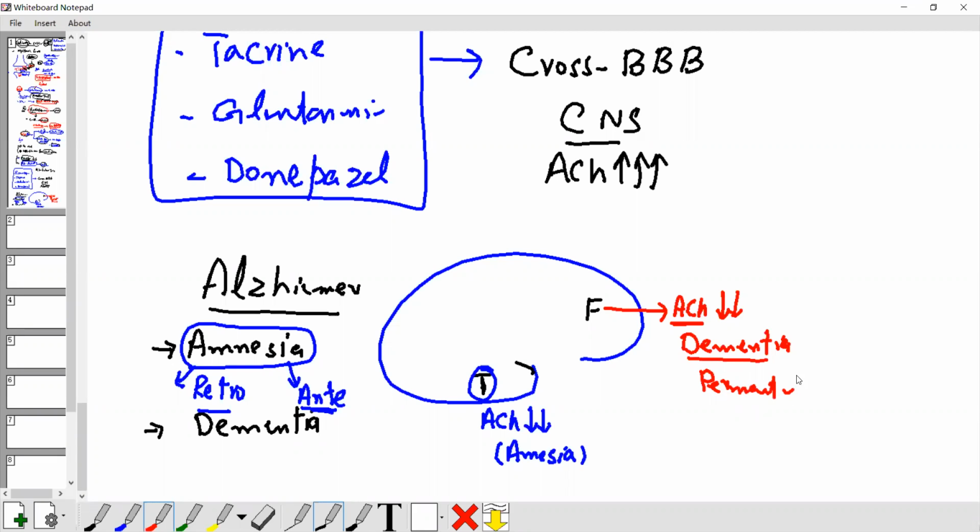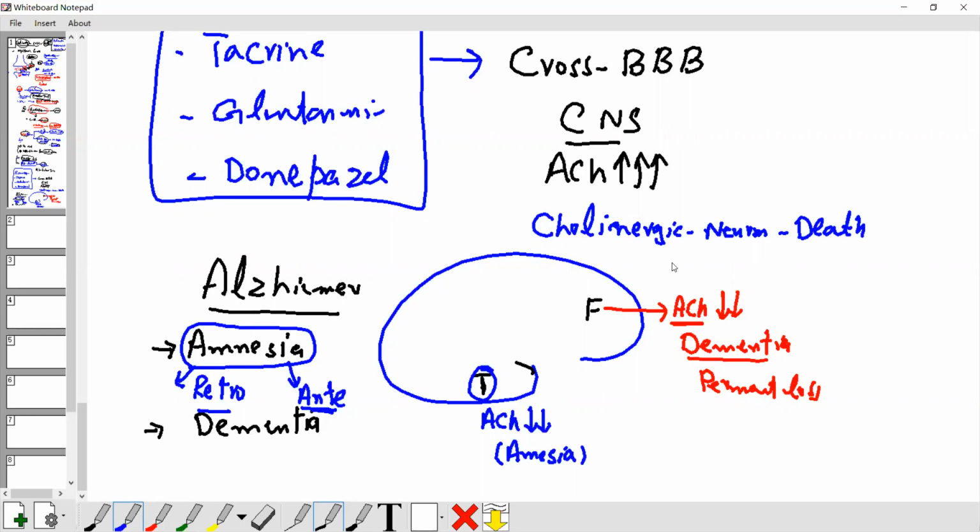Now, what is the problem in Alzheimer disease? We have cholinergic neurons, and there is death of cholinergic neurons. Cholinergic neurons produce acetylcholine, this we know.